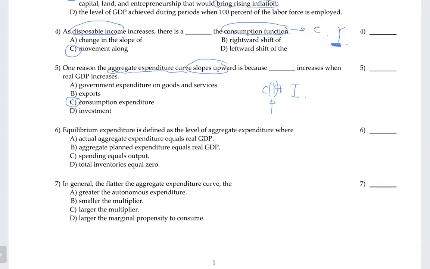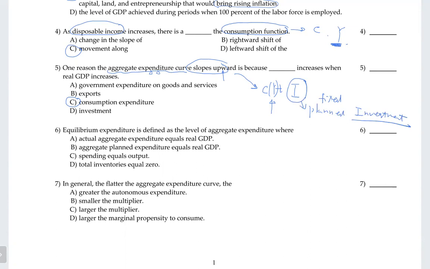So that's why the aggregate expenditure curve slopes upward. So largely coming from C. And remember in class, in the example, usually we say I is fixed. By the way, this is planned investment.